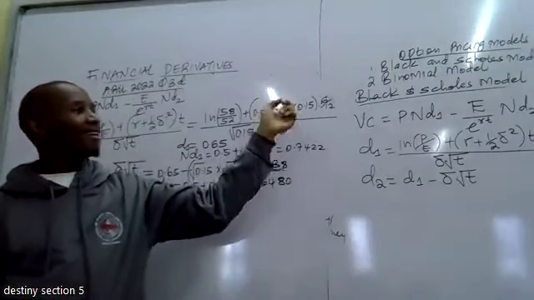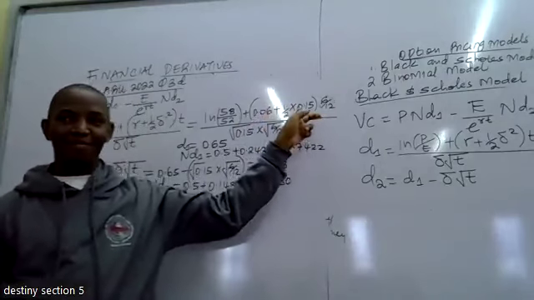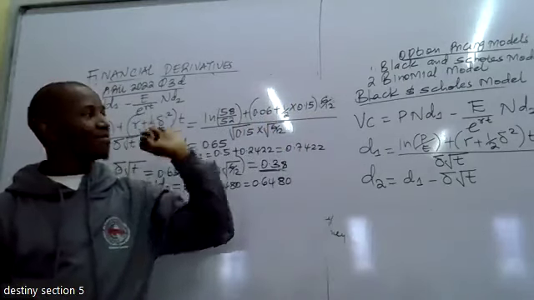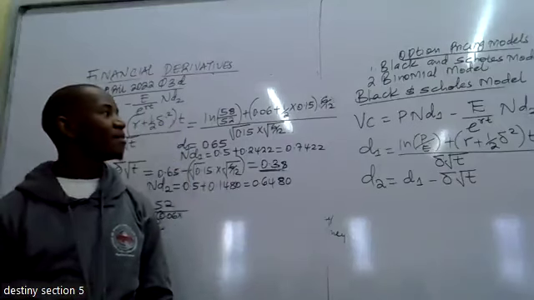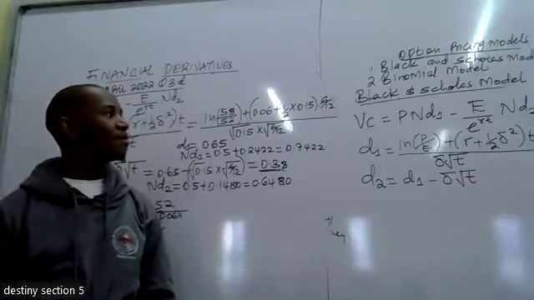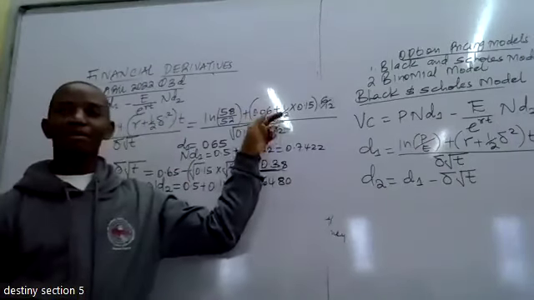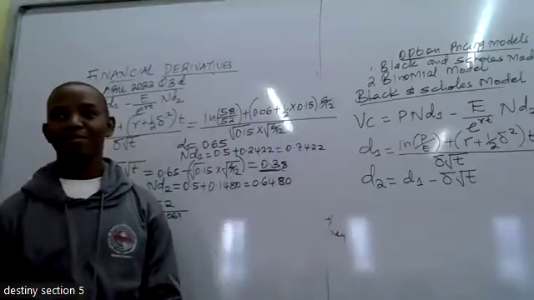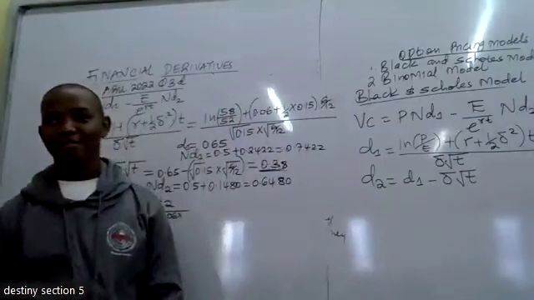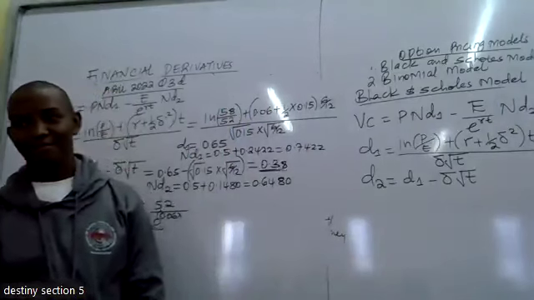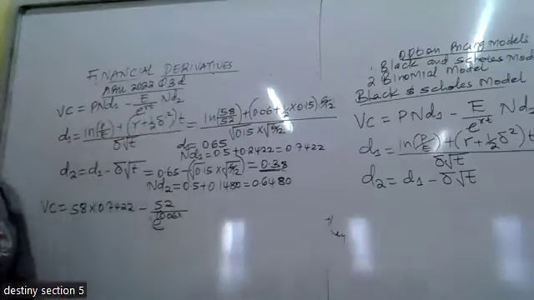Now start here: 1.5, 0.15, yes. Times 0.5 is equal to 0.075. Plus 0.06 equals 0.135. Multiplied by 0.5 times 0.5 is 0.0675. All right.